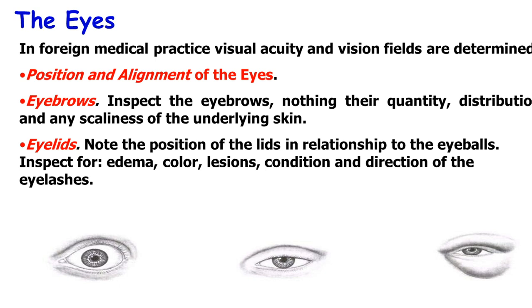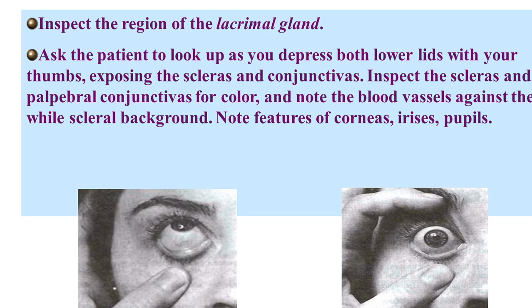Inspect for edema, color, lesions, condition, and direction of the eyelashes. Inspect the region of the lacrimal gland. Ask the patient to look up as you depress both lower lids with your thumbs, exposing the scleras and conjunctivas. Inspect the scleras and palpebral conjunctivas for color and note the blood vessels against the white scleral background. Note features of the cornea, irises, and pupils.